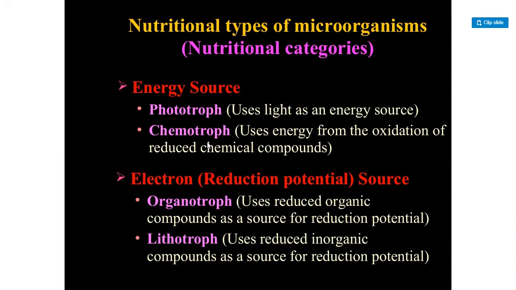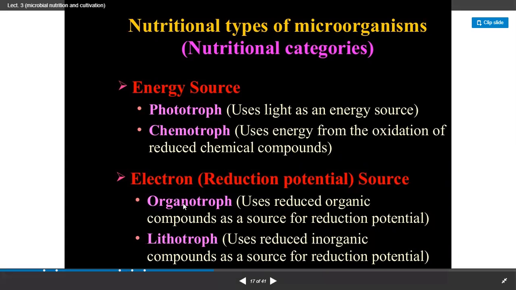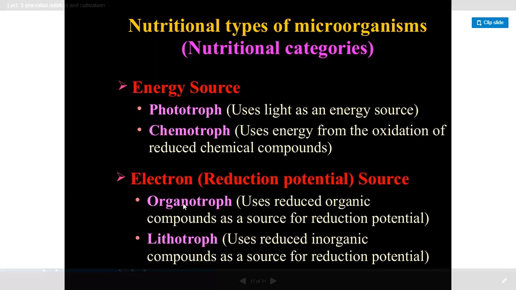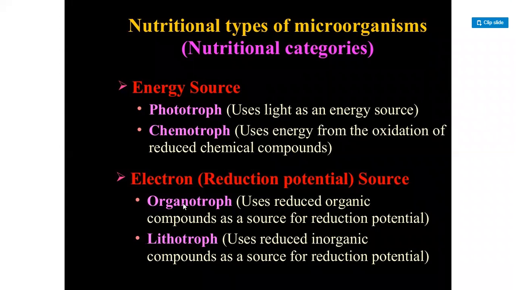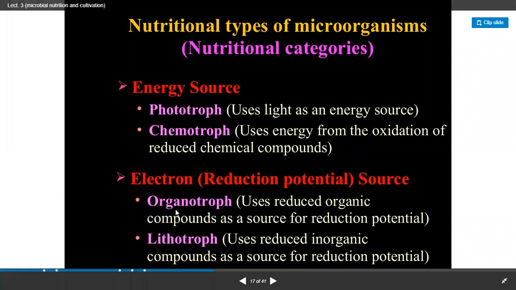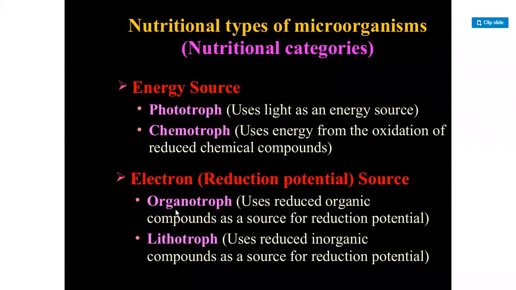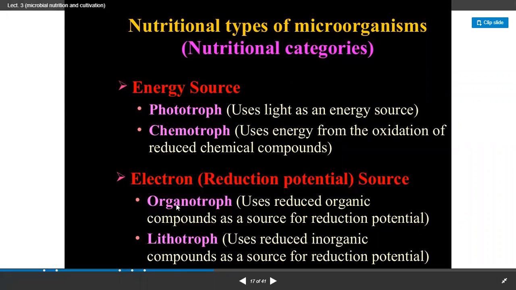Okay, electrons. Electrons are very essential in the synthesis of some cellular metabolism, and organotrophs reduce the organic carbon. So they are found in the organotrophs and lithotrophs.